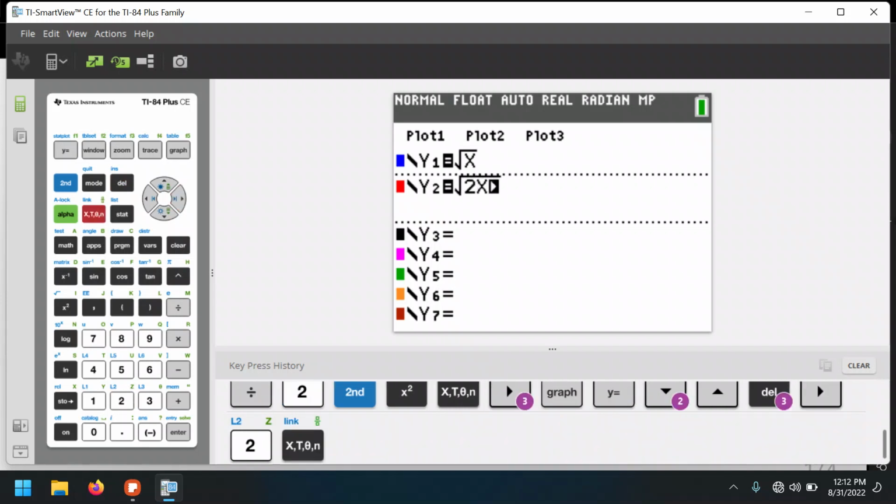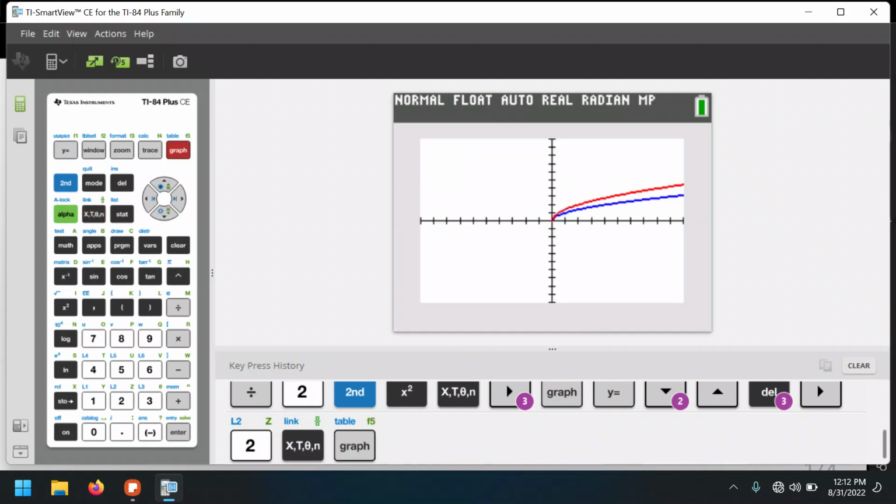In this case, according to the information, we should expect a graph that is shrunk horizontally, right? Let's see if that's the case. So it shrinks horizontally, but at the same time is stretched vertically. That's what happens with shrinkings and stretchings.